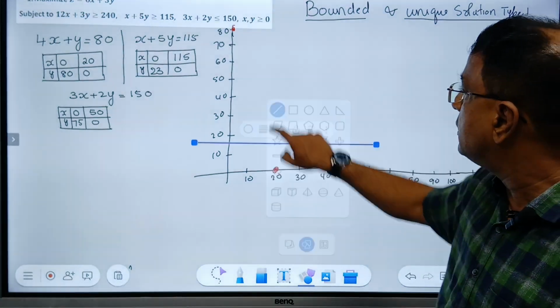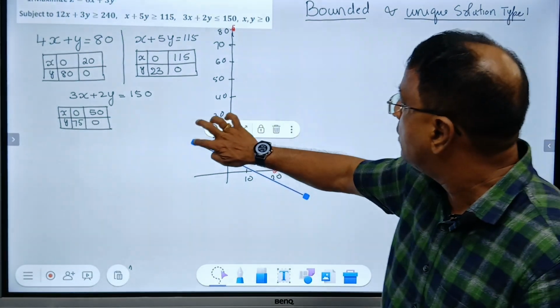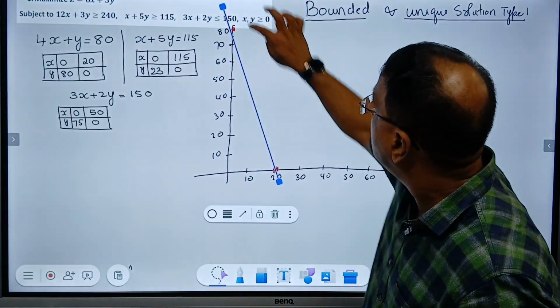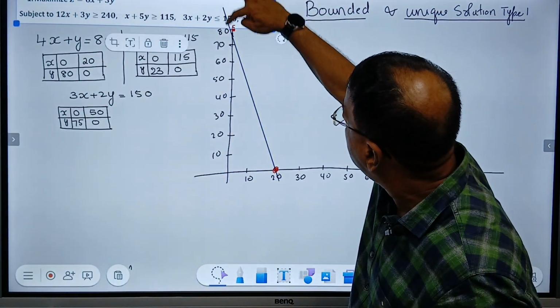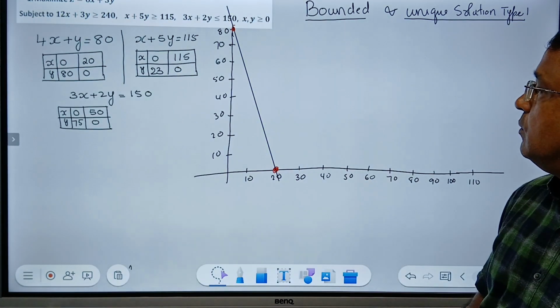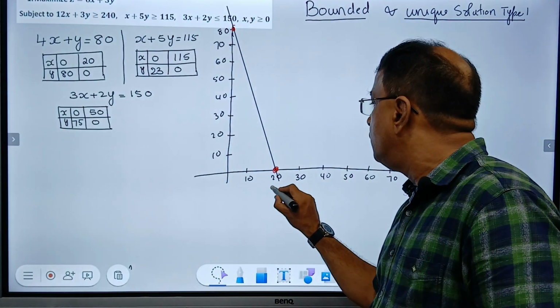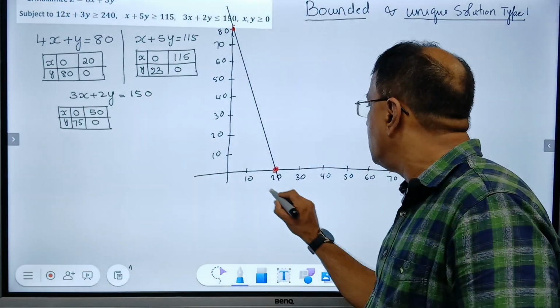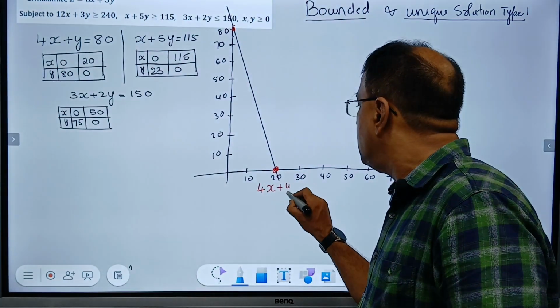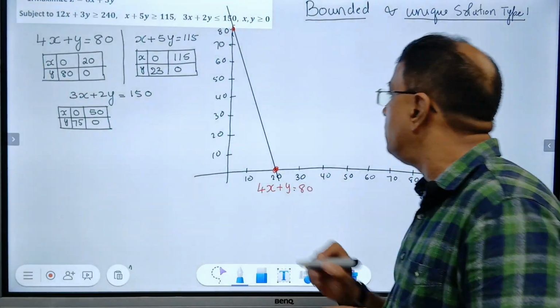Now how do I connect it? So it's come out well, correct? So this is the line. What is the equation of this line? 4x plus y equal to 80. So I have drawn the first line.